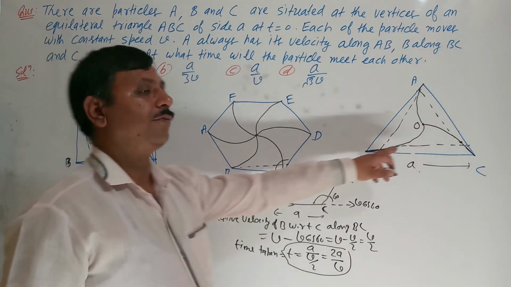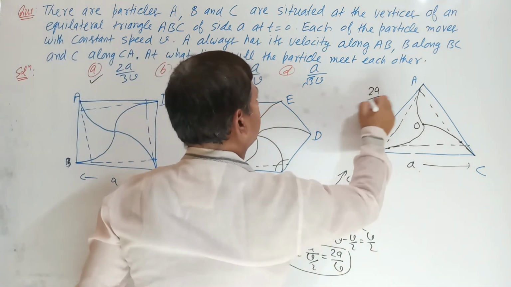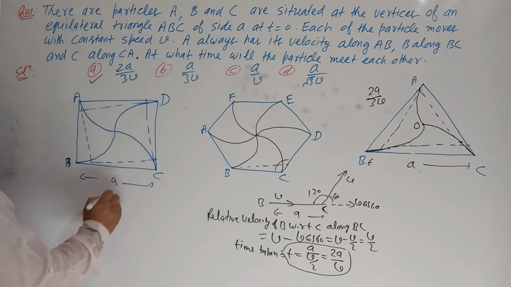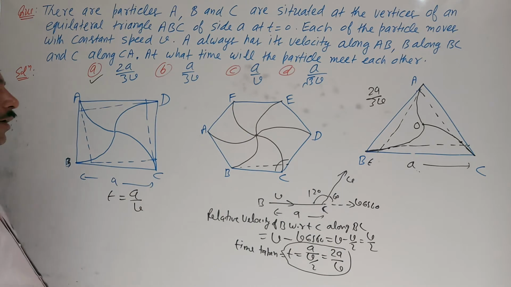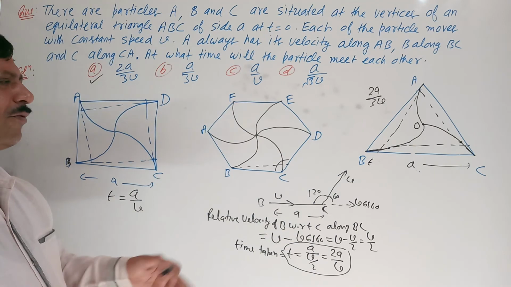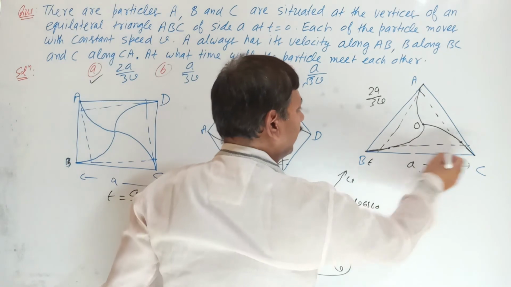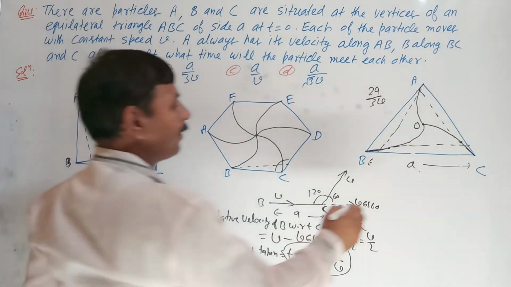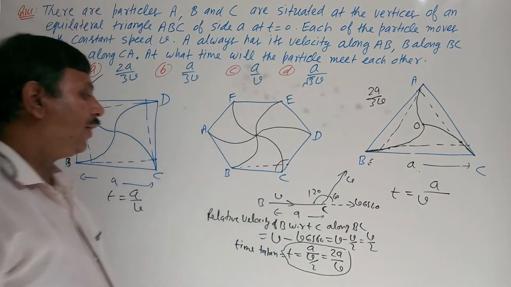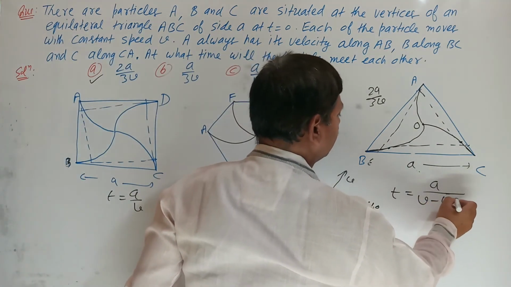So see here, in the first question what we have seen, time taken is 2A upon 3V. If square is there, time taken is A upon V. If hexagon is there, time taken is 2A upon V. We can formulate it in all questions. What you'll see, if the angle between BC and AC is theta, so T is equal to what? A upon V minus V cos theta.